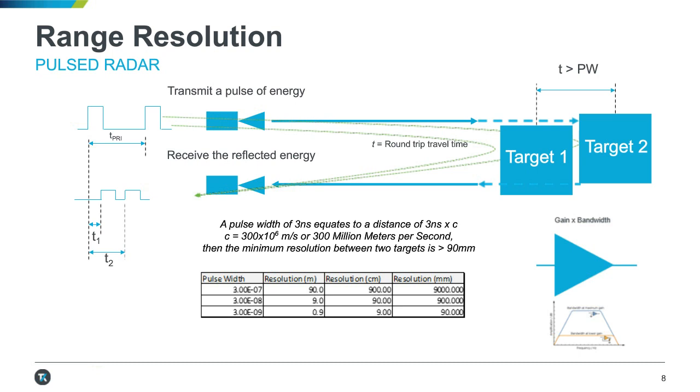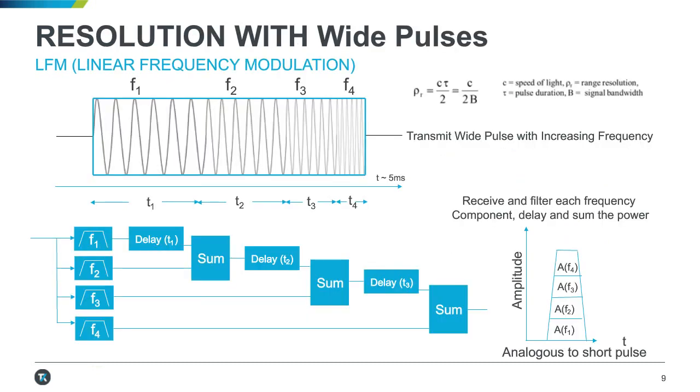Just after the Second World War, a gentleman called Sidney Darlington at Bell Labs proposed the pulse compression technique, or what we call linear frequency modulation, or what we would call a chirp, as a way to get good range resolution but still have a long pulse.